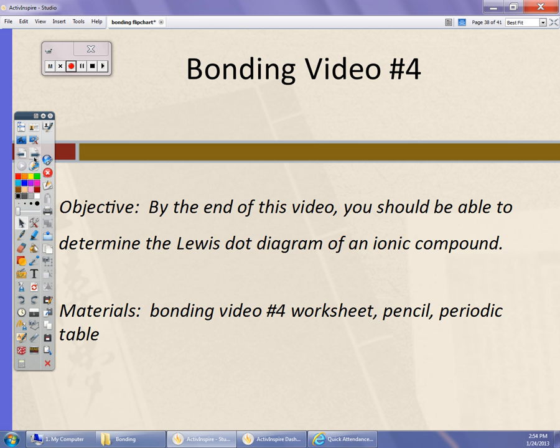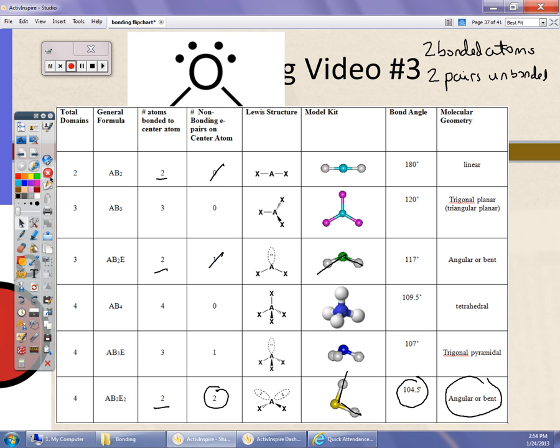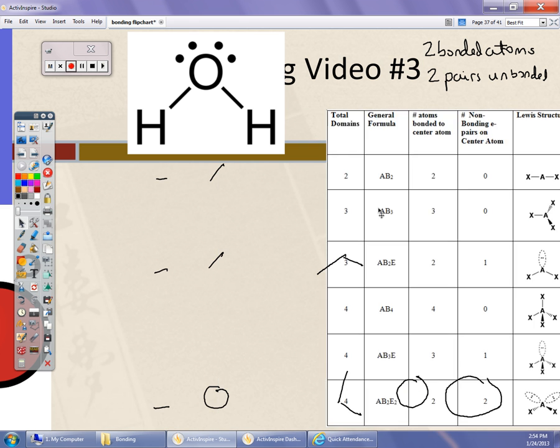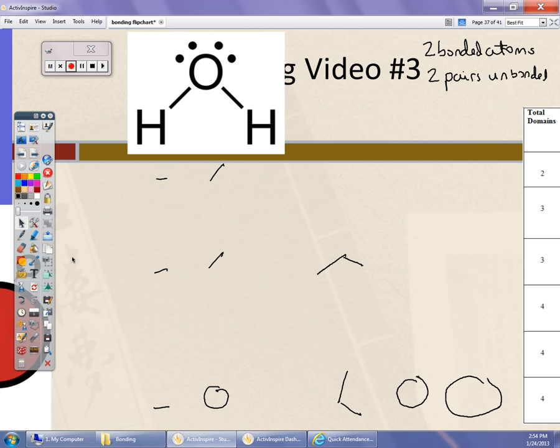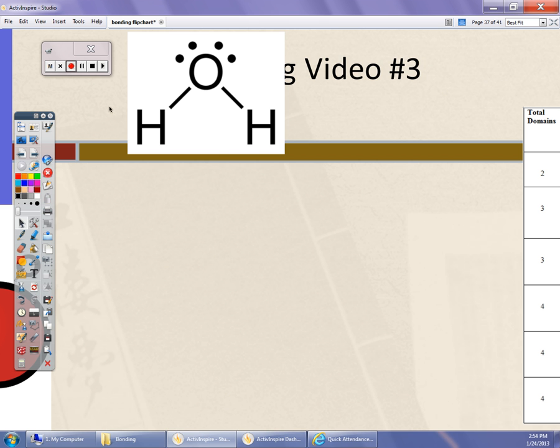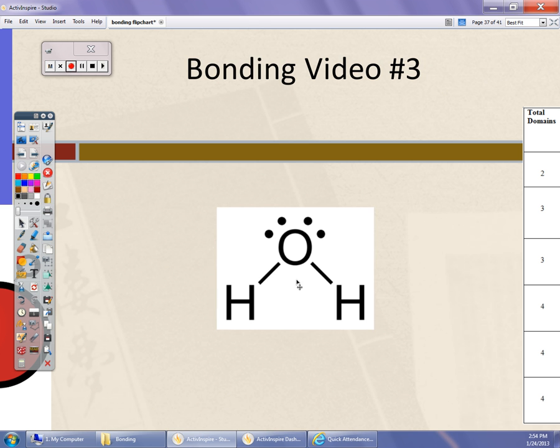The next thing you want to take a look at is the overall shape. Water has 1, 2, 3, and 4 regions around it where it has electrons that need to spread out.